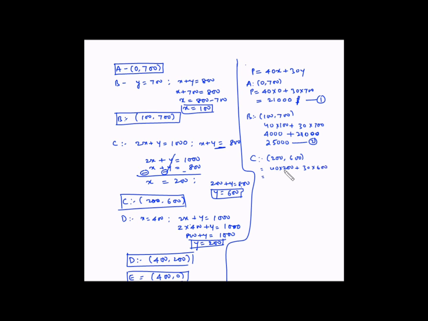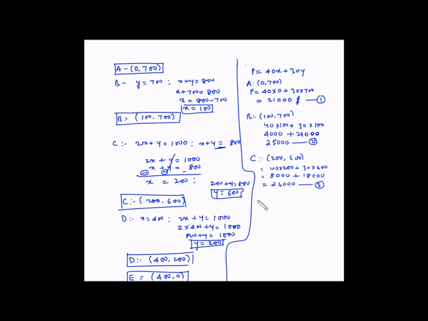So we get 4 multiplied by 2 is 8 and 3 zeros, so 8,000, plus 3 multiplied by 6 is 18 and 3 zeros. So 18,000 plus 8,000, this is 26,000. Let's say this is 3.